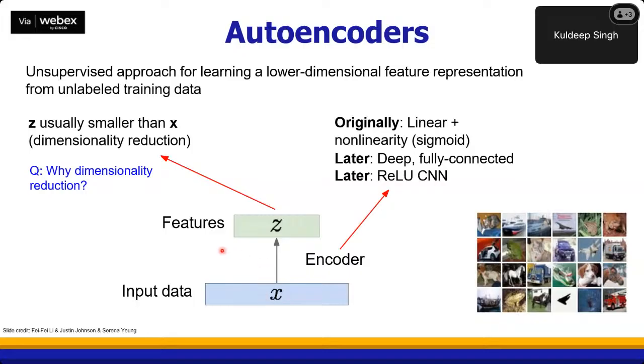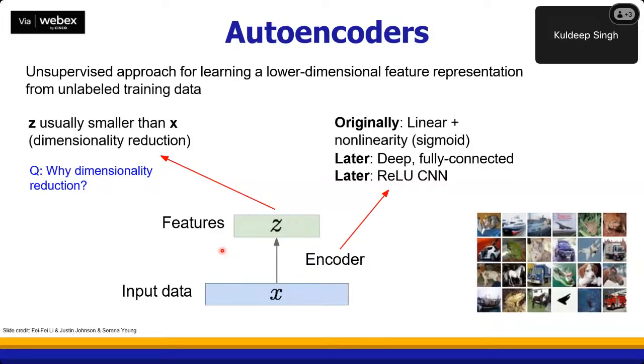Whenever we are talking about dimensionality reduction, that means we are trying to find a compact representation of the input data. As we have seen earlier in principal component analysis, we are removing the axes or dimensions which have very low or negligible variation, so they are not helping us in discriminating the input data.